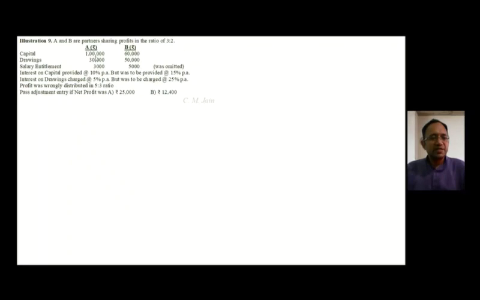Drawings: A rupees 30,000, B rupees 50,000. Salary entitlement: A rupees 3,000, B rupees 5,000. Against it, write within brackets, was omitted, means A and B were entitled to this much salary, but it was not given, it was missed out.